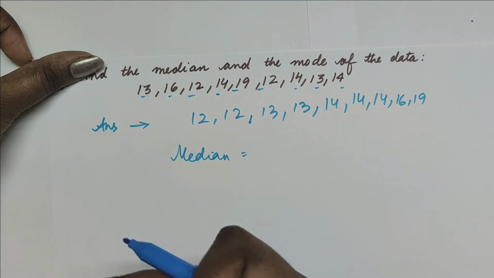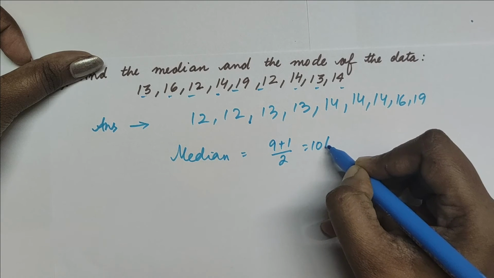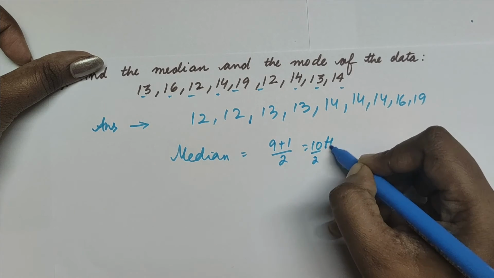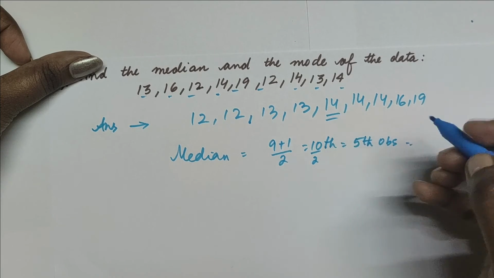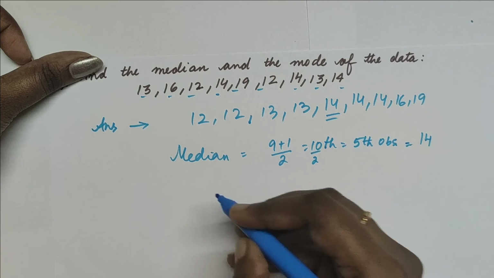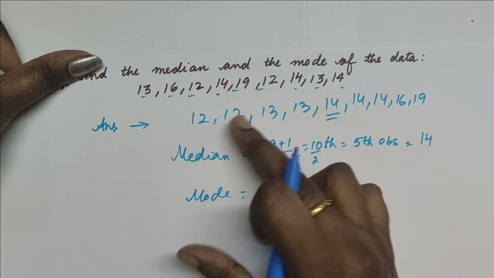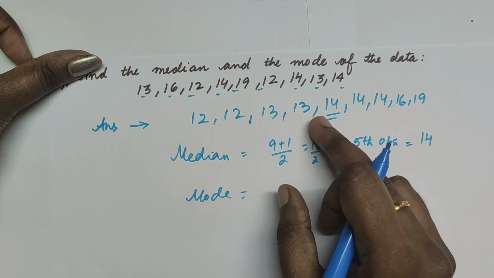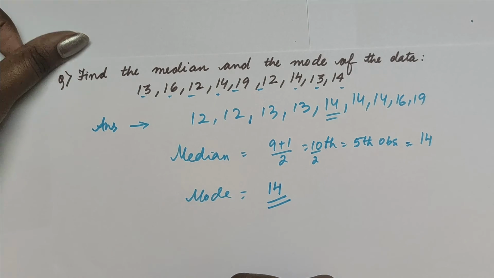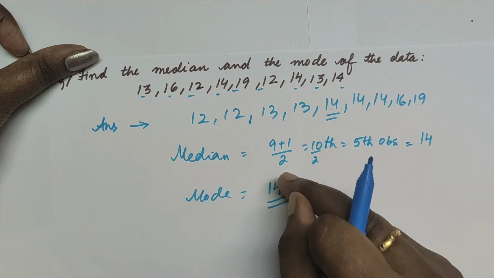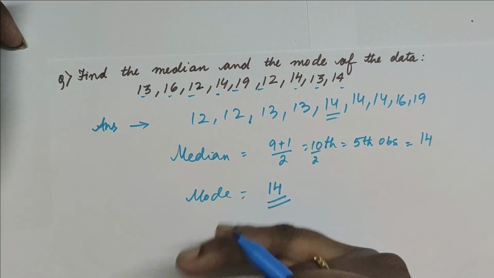So 9 numbers means 10 by 2, because the 10th observation, 10 by 2, that is the 5th observation, is my median. So here my 5th observation is 14, and the mode is the number which is occurring maximum number of times. So here 12 is 2 times, 13 is 2 times, but 14 is 3 times. So my mode here is 14. The maximum number of observations is of 14 and median is the middle number after it has been arranged.